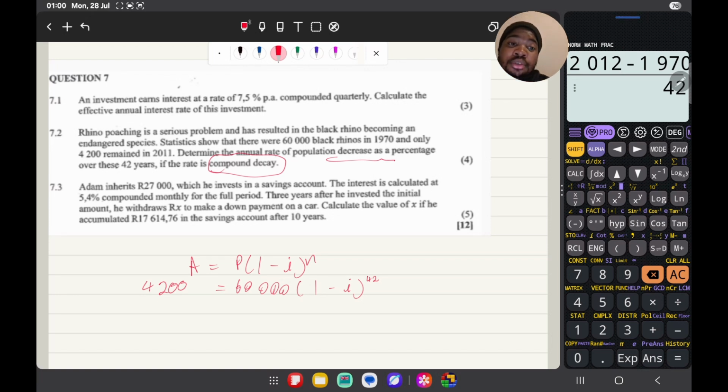So guys, if I was a marker, I'm also perplexed. They are saying we must make the calculation over 42 years. That is fine, we understand. But the figures are not for the duration of 42 years, unless during the period from 2011 to 2012 no rhinos were poached and the number was still 4,200.